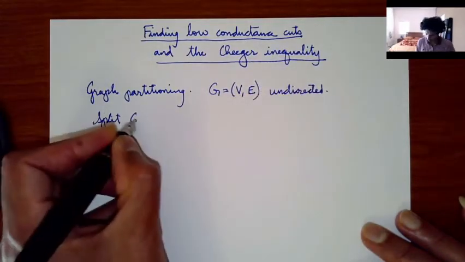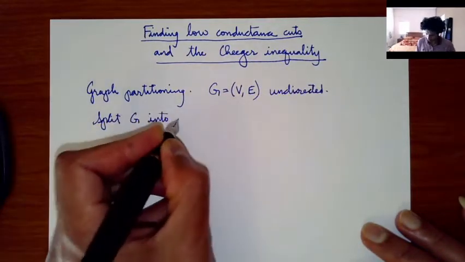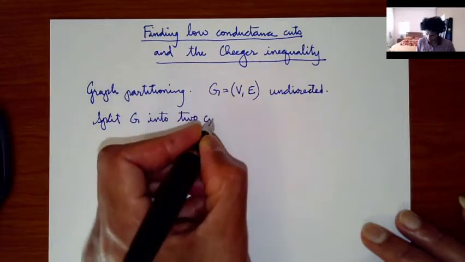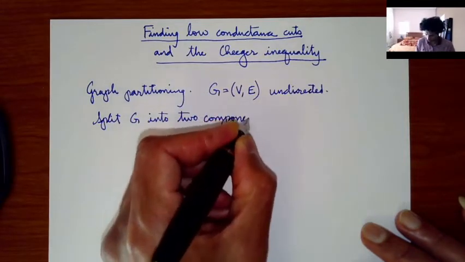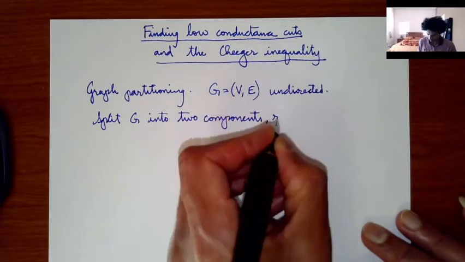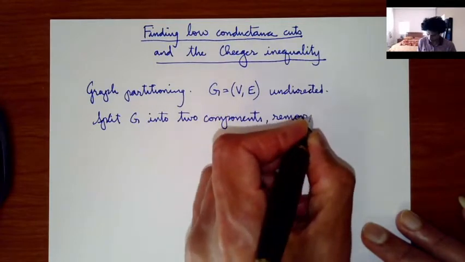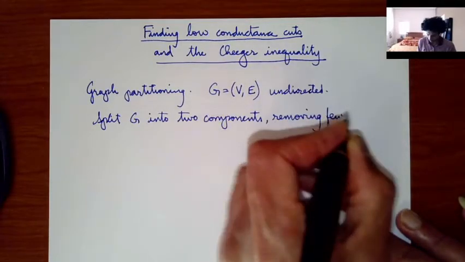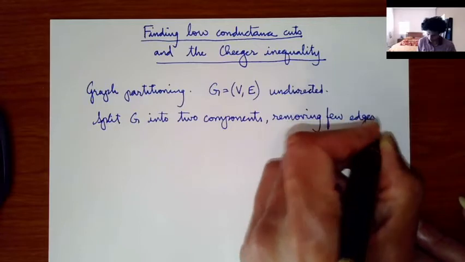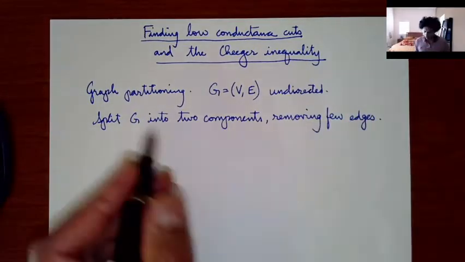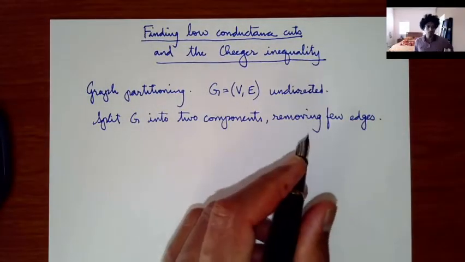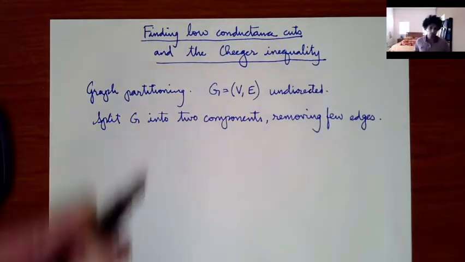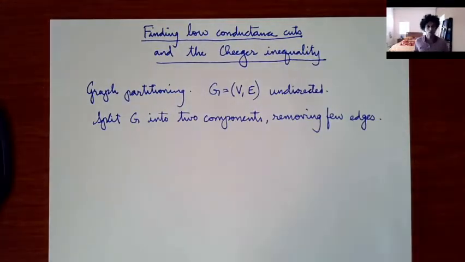And split G into 2 components, removing few edges. So I haven't defined what few edges means. And the purpose of this discussion is to give you a definition that is very natural for many applications.